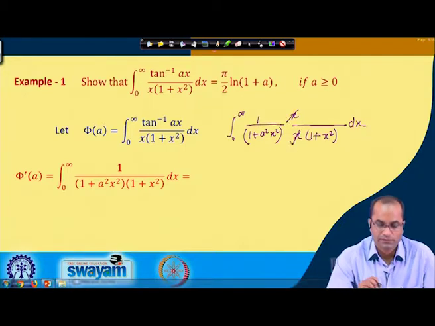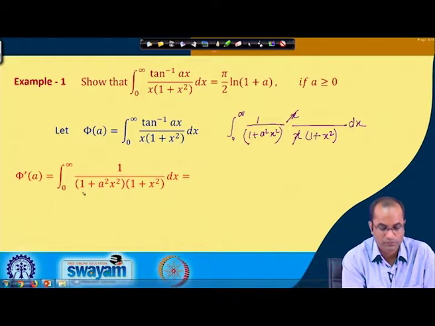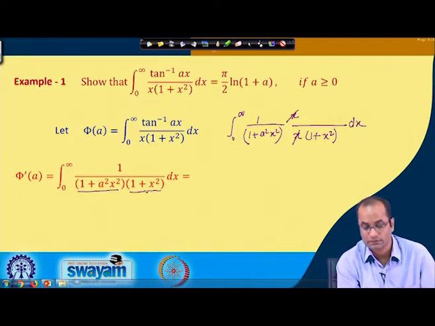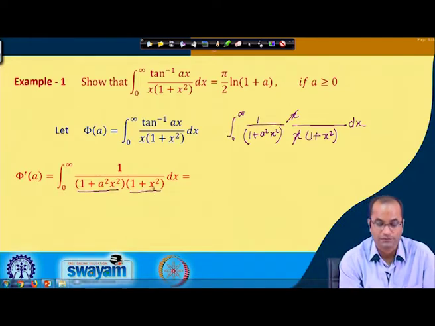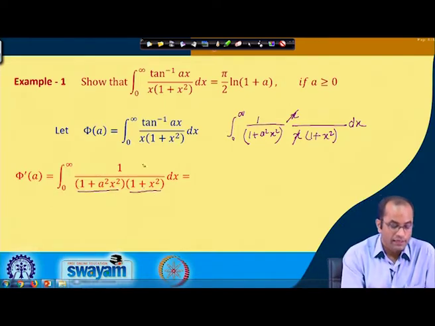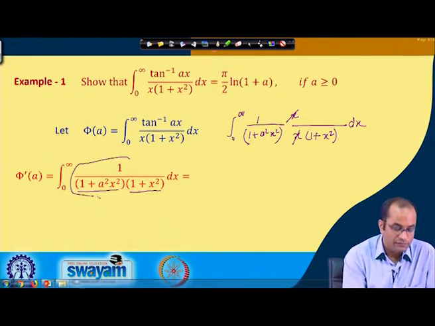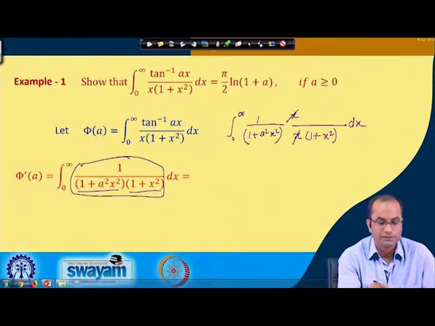So, this gets cancelled, and therefore we got only the 1 plus a square x square term and the 1 plus x square term.